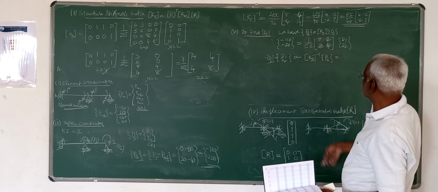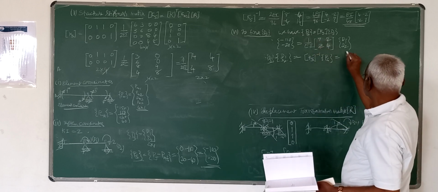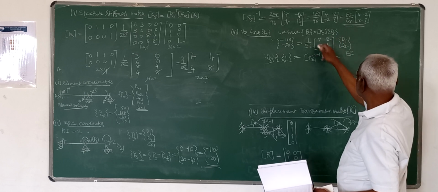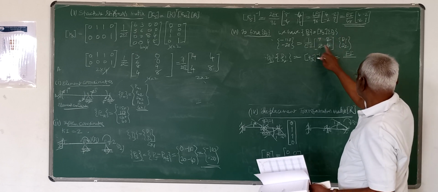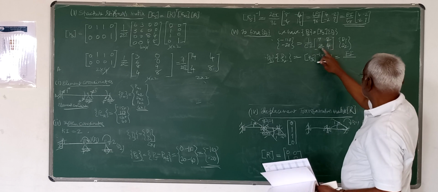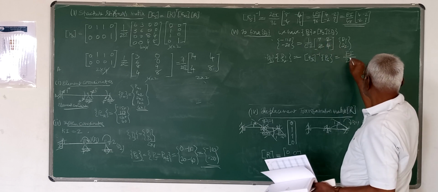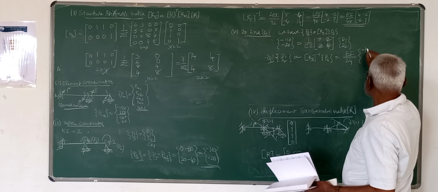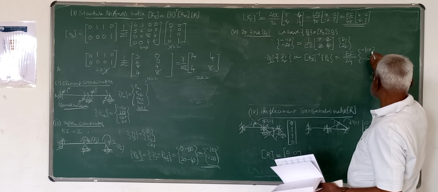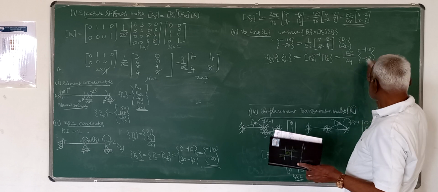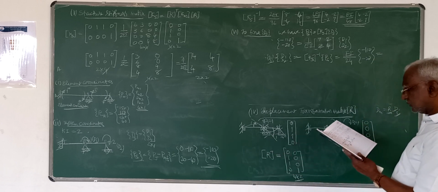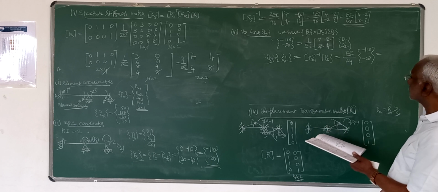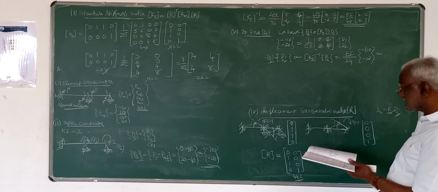So the inversion of this matrix is nothing but EI goes to the top, divided by the determinant, 7 into 4, that is 28, minus 4, that is 24, into this: minus 110, minus 20. If you simplify, this is Ks inverse.